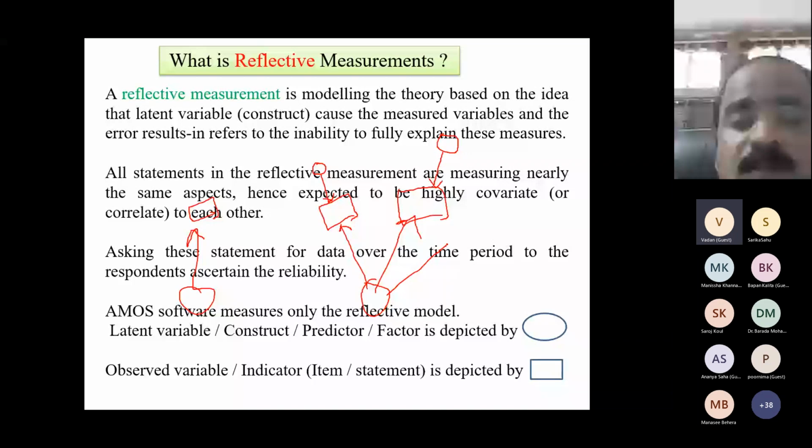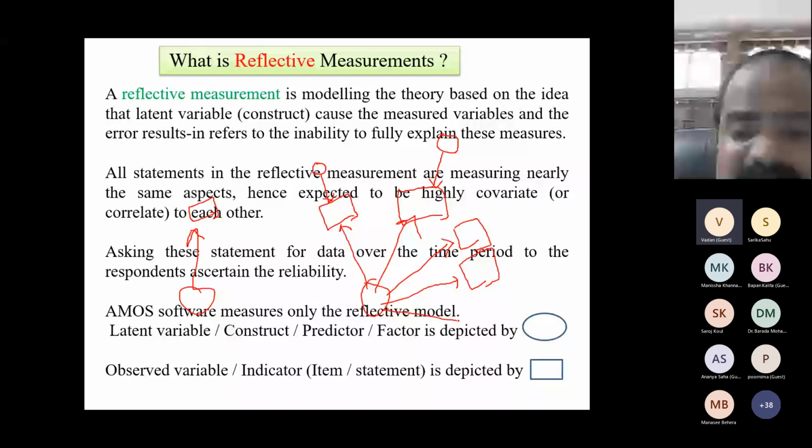Try to understand. That is the reason all the 5 indicators of my example F1, that is comprehension, are expected to be highly correlated. But this expectation you cannot make in case of formative measurement, that I will explain after this. Do not worry.